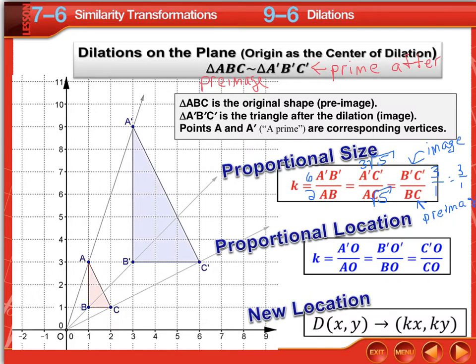Well, their location also has a proportional relationship, and in fact it's related exactly to the same proportionality as the sides. So up here we have calculated our scale factor to be 3 to 1. Well, the same proportionality will exist for these distances here along the ray. So let's take a look at an example here.